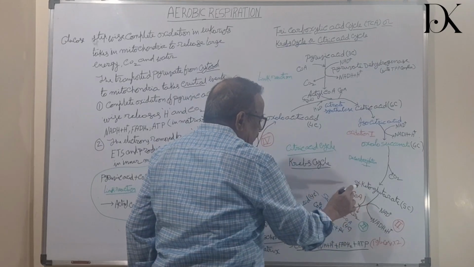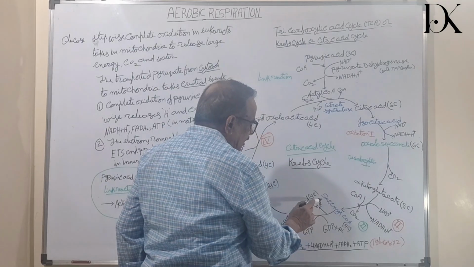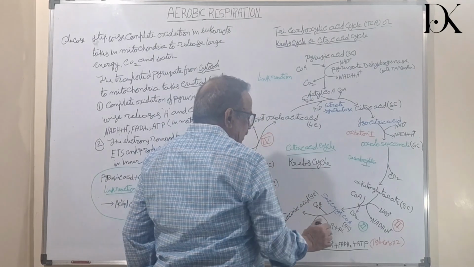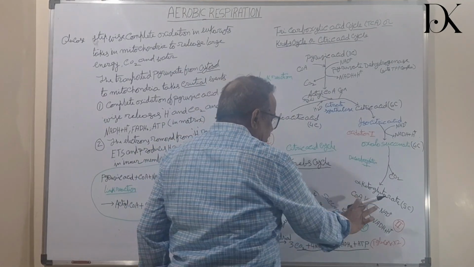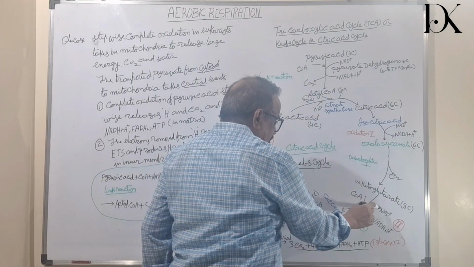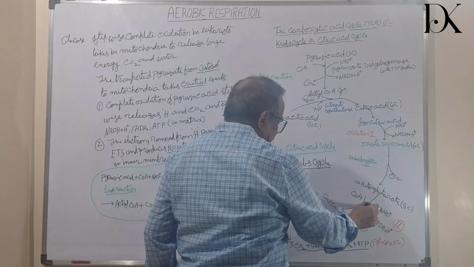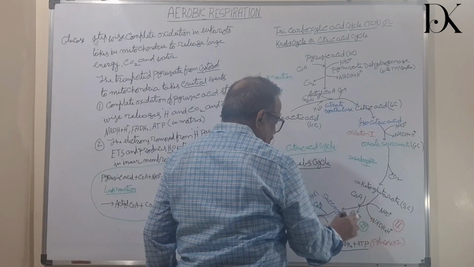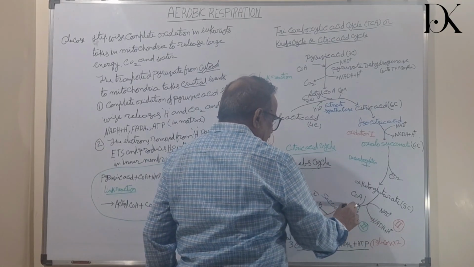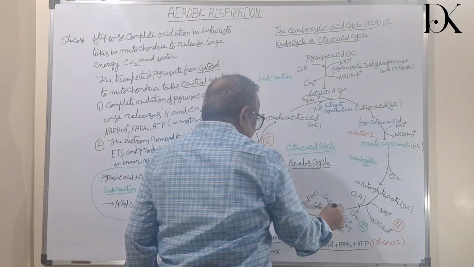And next, alpha ketoglutarate will again lose 1 more carbon dioxide when it is converting into succinyl coenzyme A. This reaction will be almost similar to the earlier reaction. So here alpha ketoglutarate will be oxidized, NAD will be reduced, coenzyme A will be taken, and decarboxylation will take place.